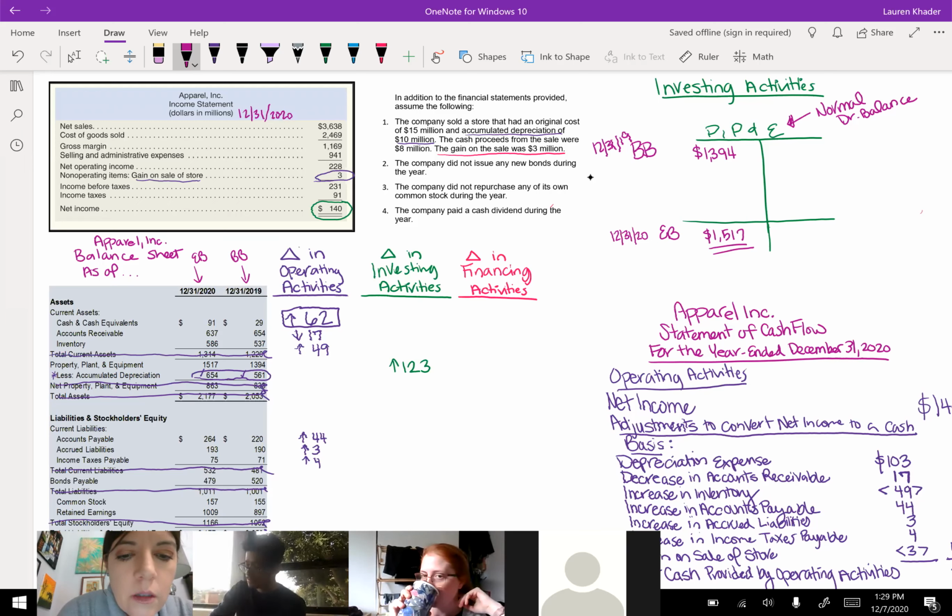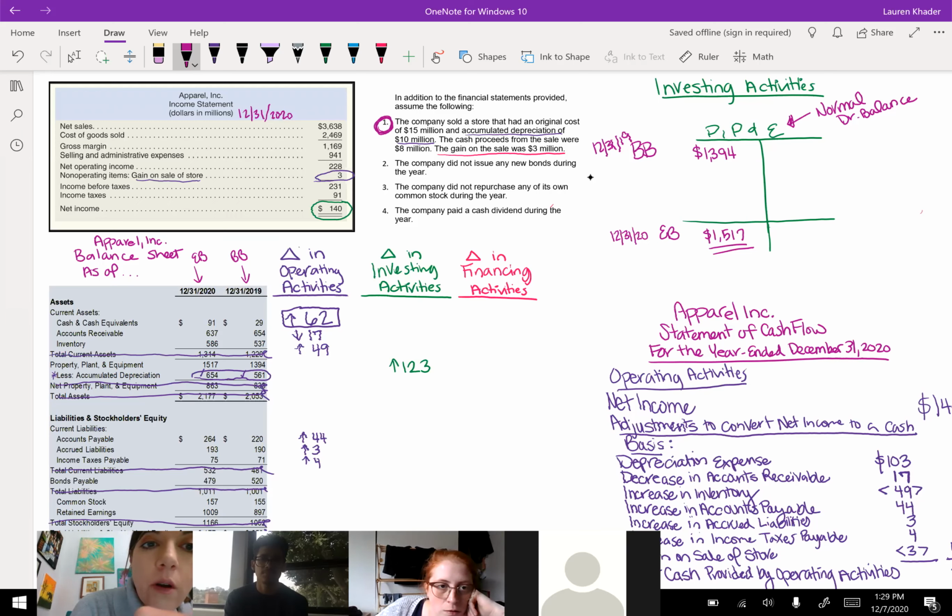And we're going to use some of that supplemental information again. So from that first paragraph here, or item number 1, the company sold a store that had an original cost of 15 million and accumulated depreciation of 10. Cash proceeds from the sale were 8. From that information, what do we need for the T account for property, plant, and equipment?